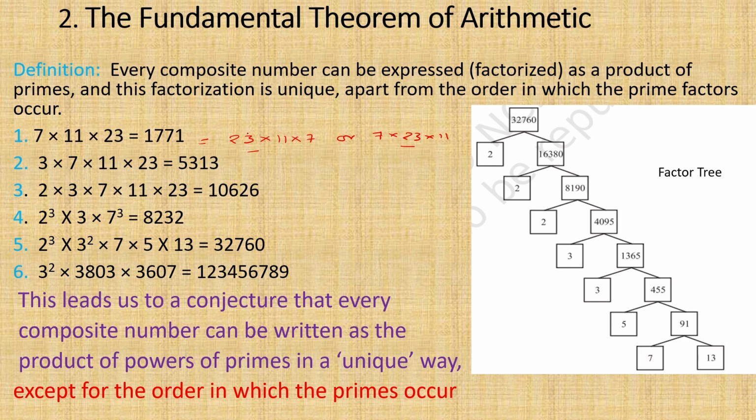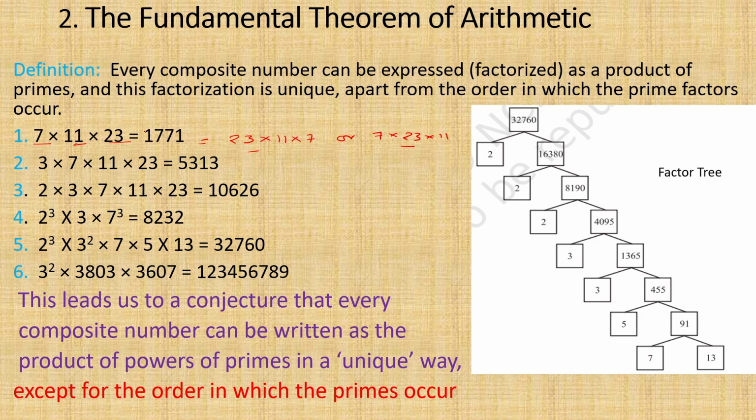That is the fundamental theorem of arithmetic. Every composite number, 1771 or anything, can be expressed, or factorized, as a product of primes, and this factorization is unique. Only 7, 11, 23 are the prime factors of this number.